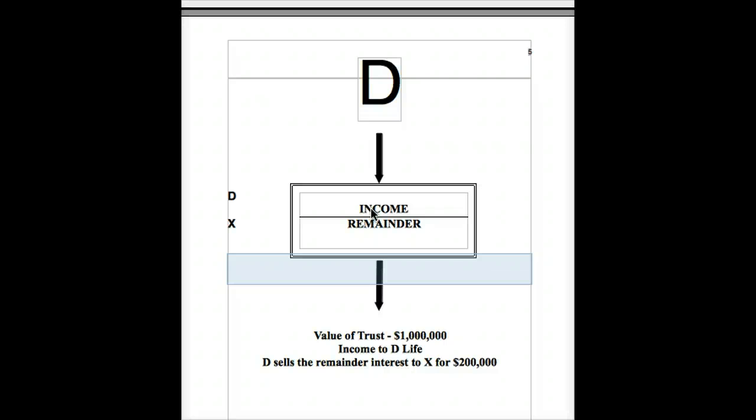So now we're going to change it up a little bit so that you can see how a reciprocal trust works.